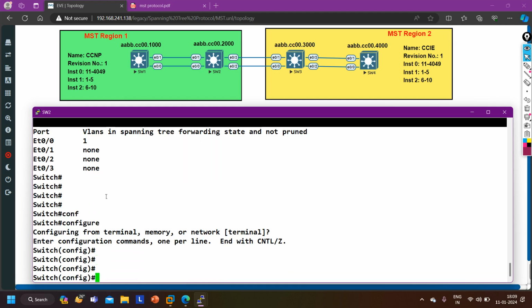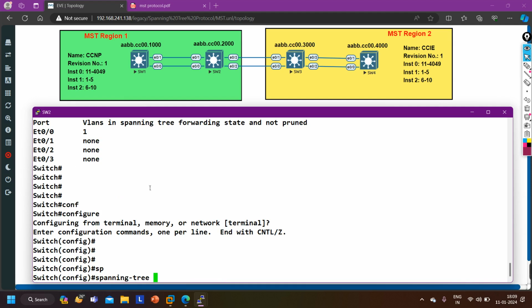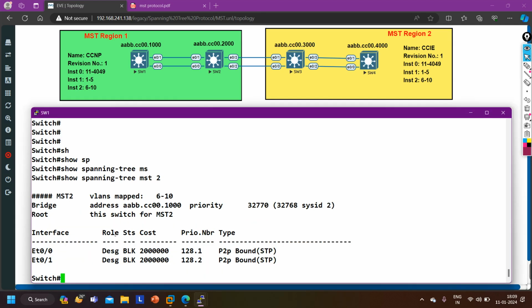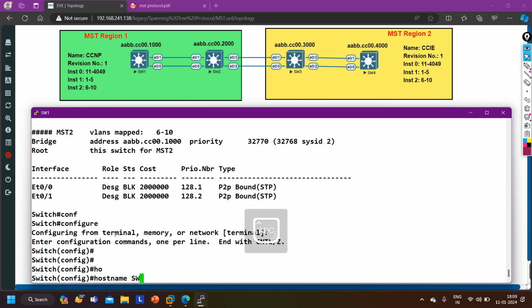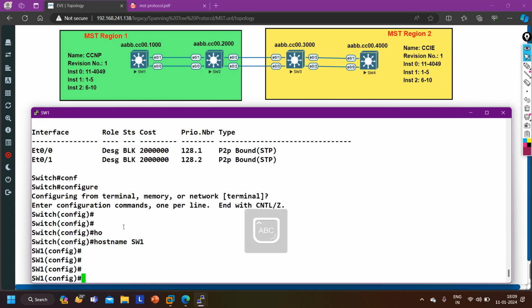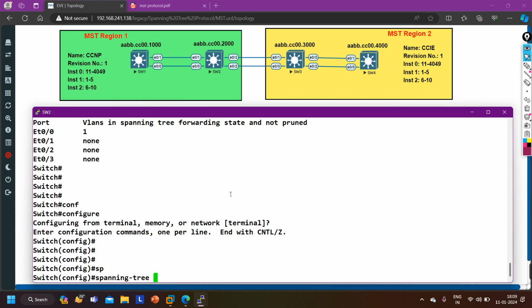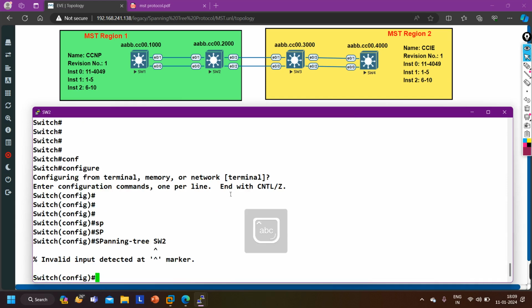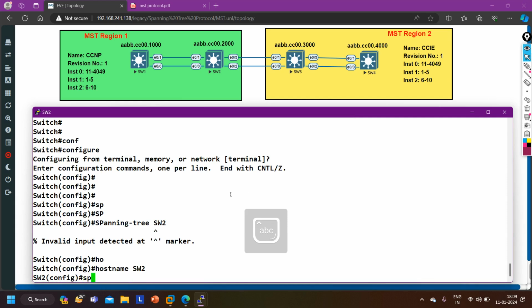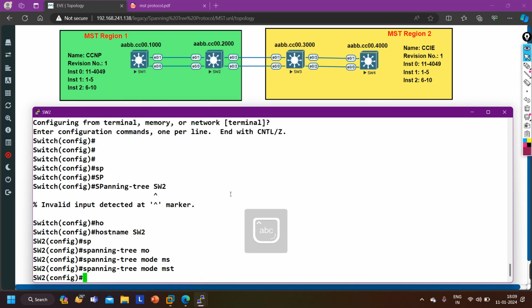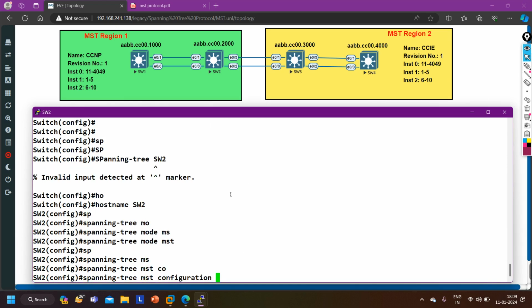To configure MST, the command is spanning tree. And guys, it will be better if we change the hostname also. So let me do one thing. On switch number 1, I am going to set hostname switch 1. Fine. And on switch number 2, hostname switch 2. Then spanning tree mode MST, and then spanning tree MST configuration.